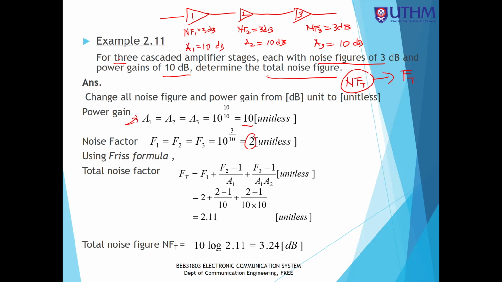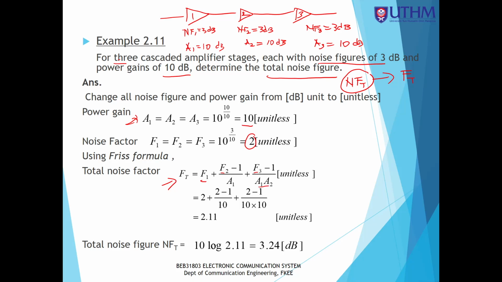Okay, so once you already get the values in terms of unitless, then you can find the total noise factor using the Friis equation. Therefore the total noise factor is the noise factor of the first amplifier plus the noise factor of the second amplifier minus 1 divided by the previous gain A1, plus the noise factor of the third amplifier minus 1 divided by the total gains of the previous amplifiers, which is A1 multiplied with A2.